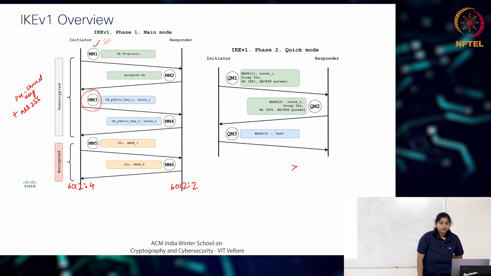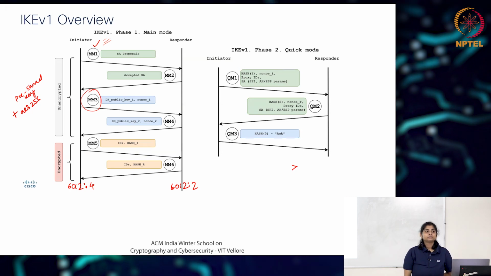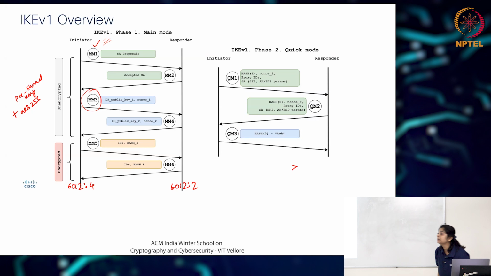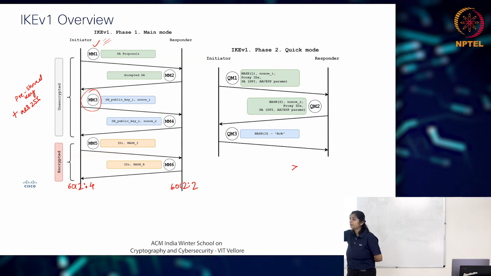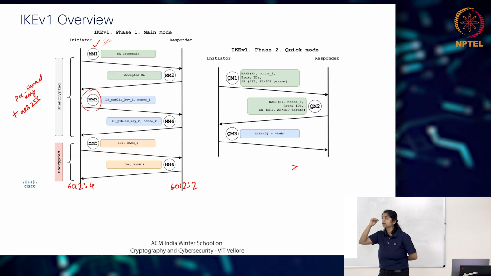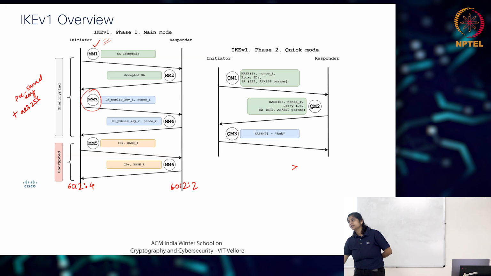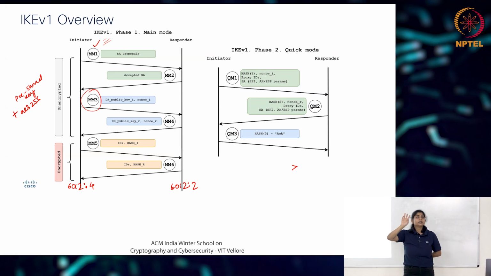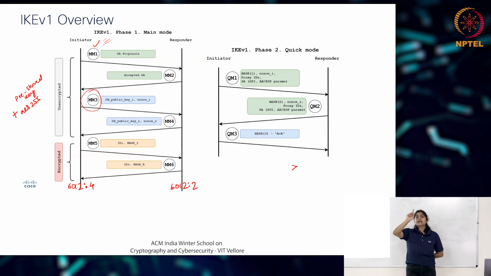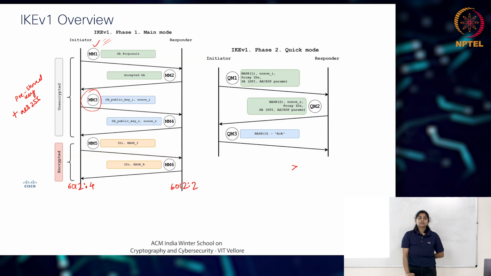Yes? What are the algorithms we see? What are the chosen algorithms? Remember, the responder will choose the first matching proposal set that it gets from the initiator. If the initiator has 100 policies, proposals, you can interchange the terms, for example, it can have proposal 1 saying AES 256 but SHA-1.